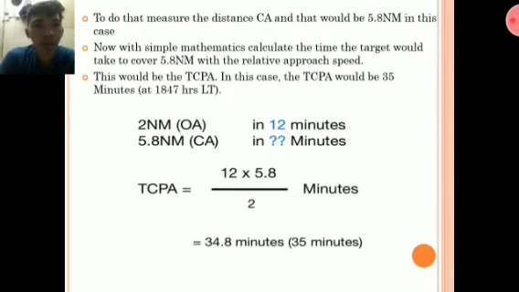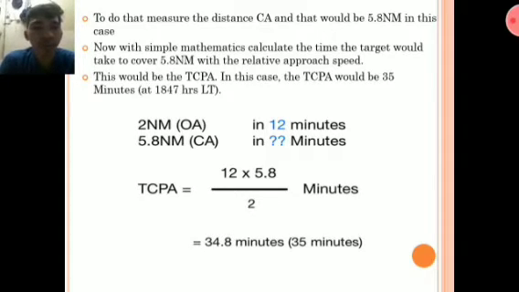18:47 hours latitude. So in 2 nautical miles, it has 12 minutes. So we're going to solve the minutes and 5.8 nautical miles of CA.